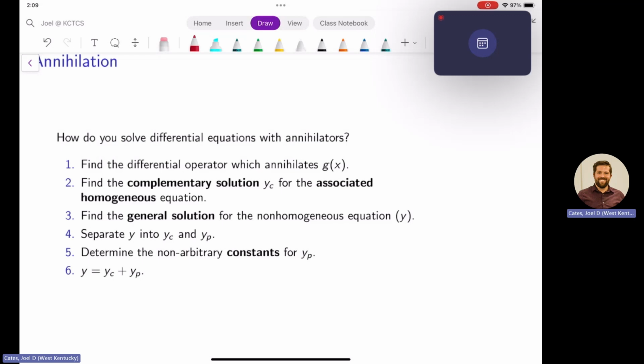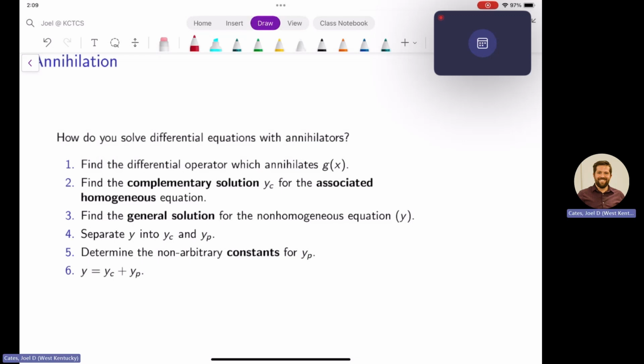You're going to line up that particular solution within the original framework, right? So you'll take its derivatives, put it into the original, and line up the coefficients to see what is equal to what. Then you go back to combining your complementary solution with your particular solution for the general solution.